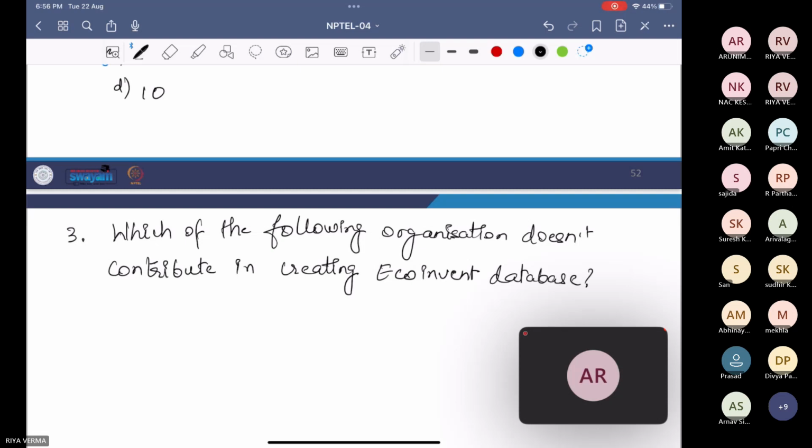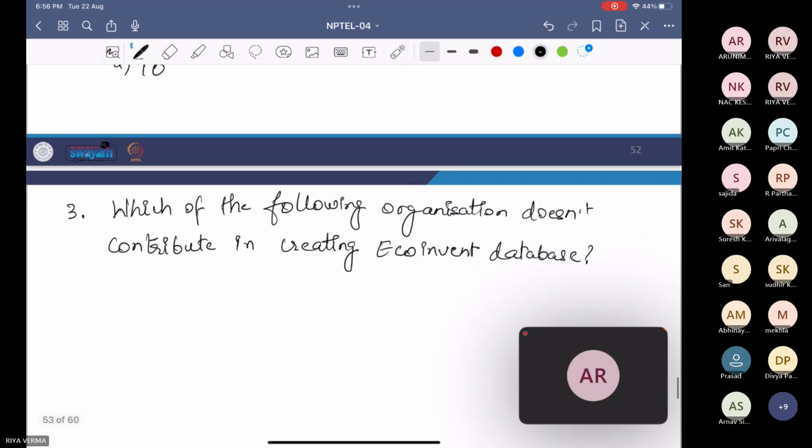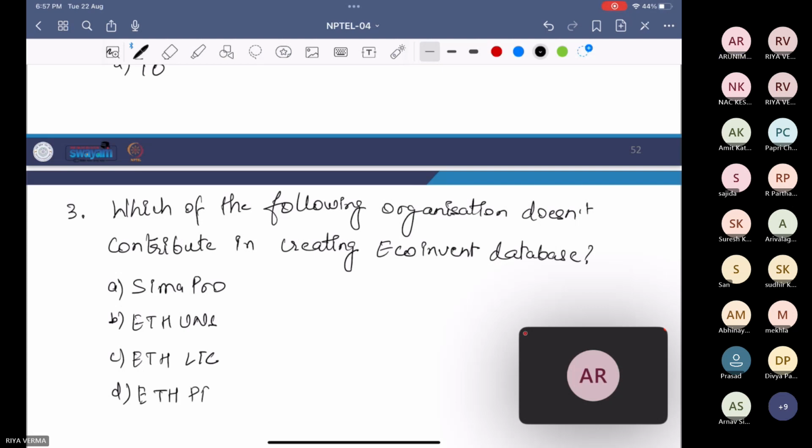Remember those Swiss organizations that we studied that constituted the ecoinvent database: SimaPro, ETH, EMPA, and others. What would be the answer? A. SimaPro. Right.